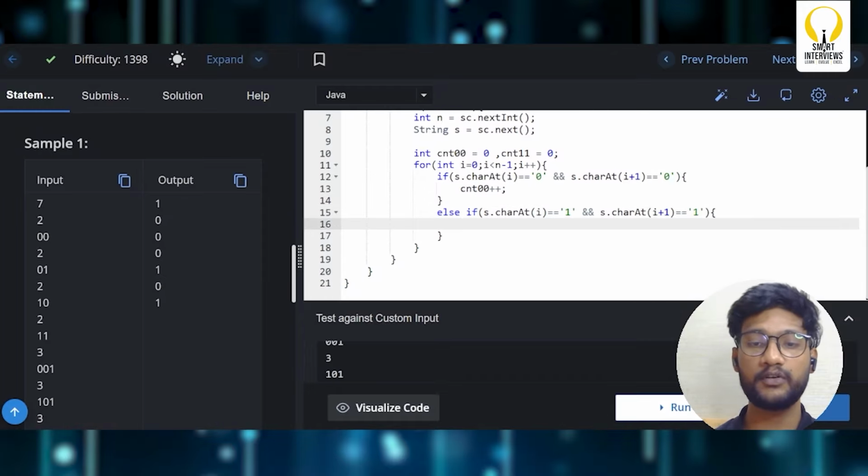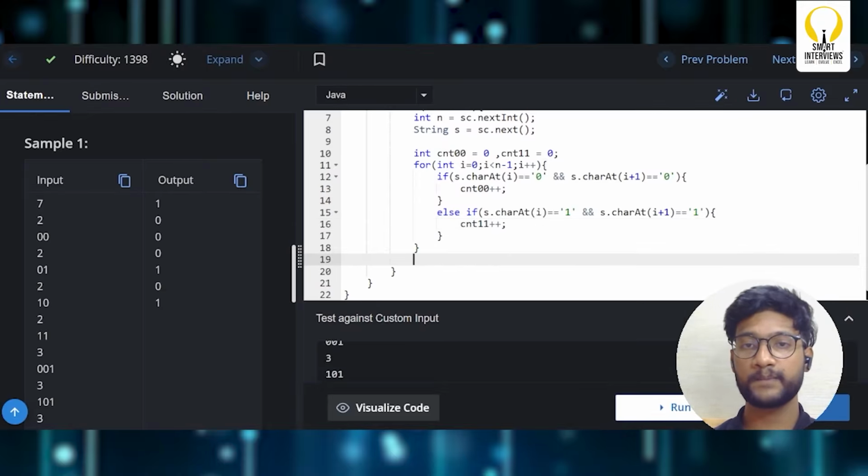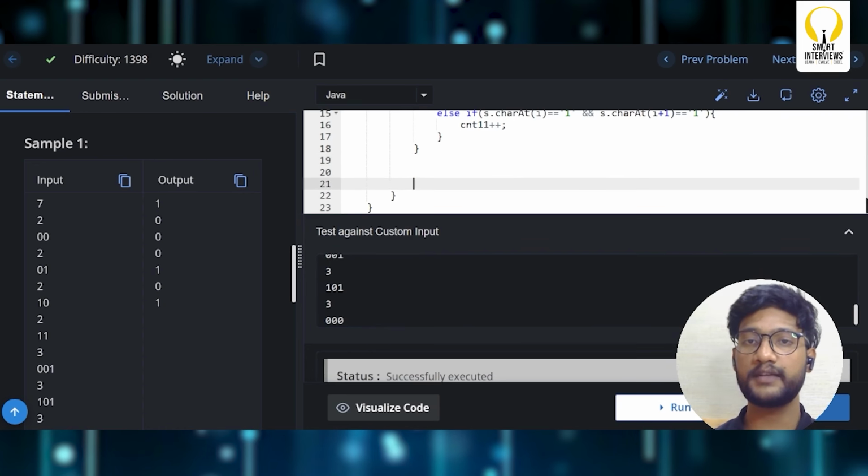In this case, the count of 11 is going to increment. And done. Now at the end, what will you do, guys?